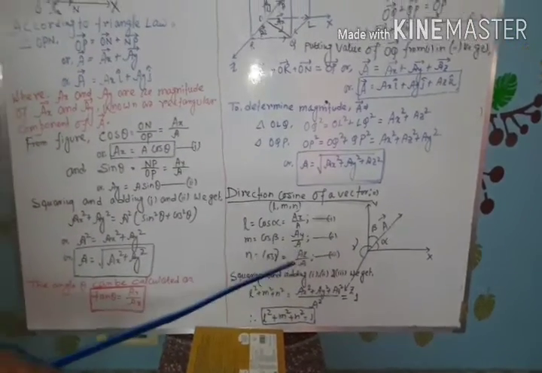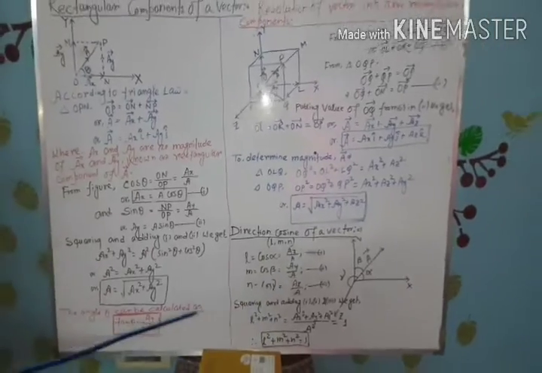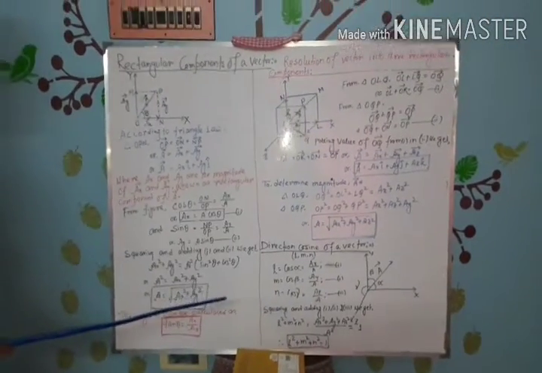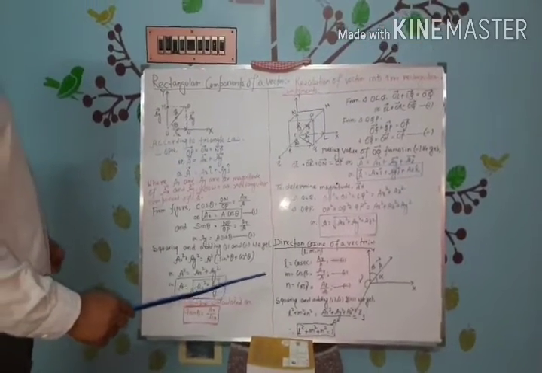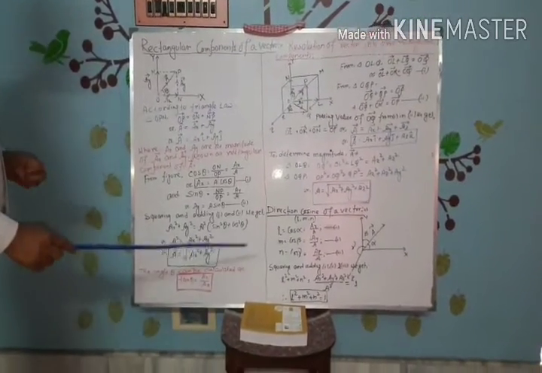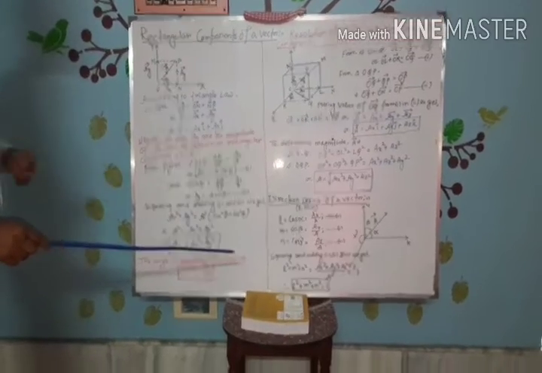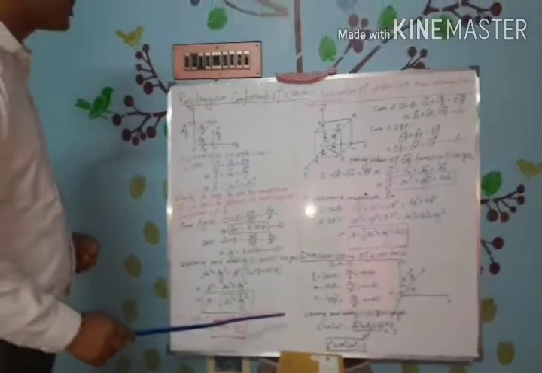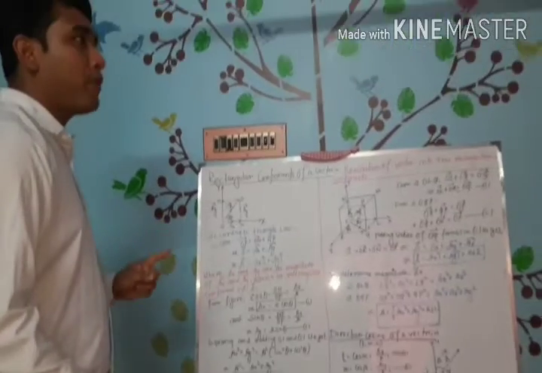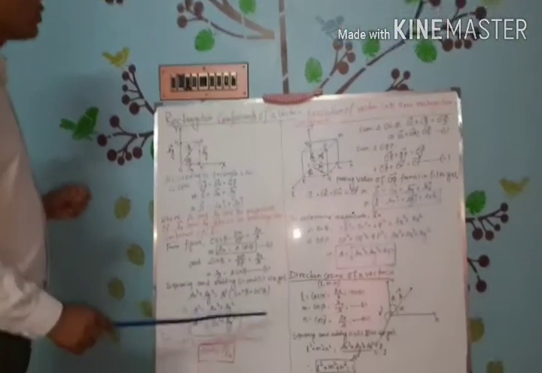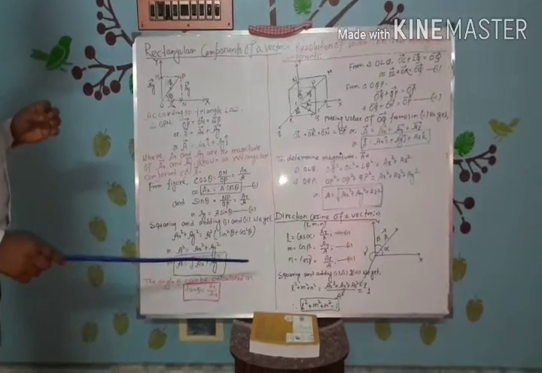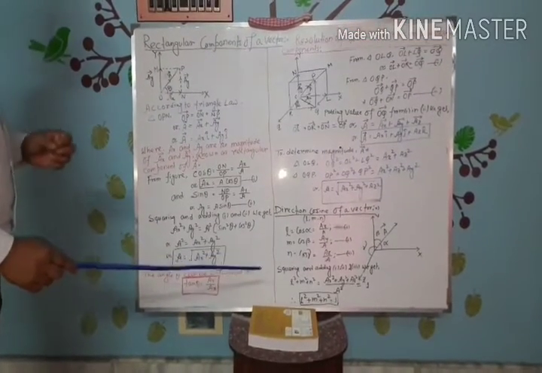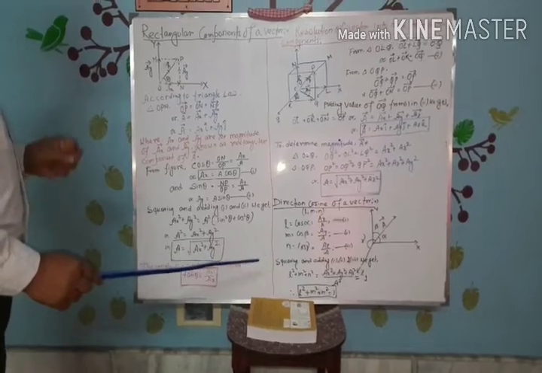This resolution of a vector, either into 2 components or 3 components, is very effective. Some questions may be asked on this resolution concept. What type of question? Number 1, very important, see it carefully: why is pulling a lawn roller easier than pushing it?